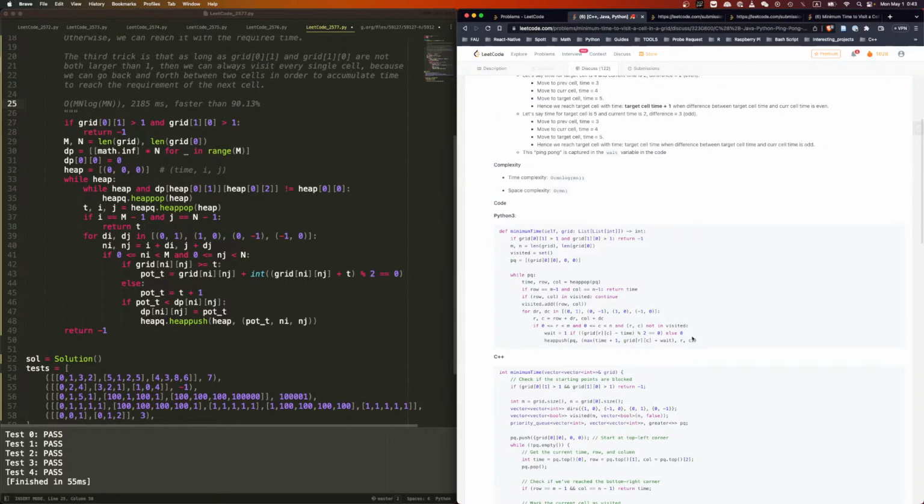Is that why they use visited? So you don't have to visit again. Interesting. Because this just guarantees every single cell gets visited only once, right? And you're guaranteed when you visit it, it has the smallest time, because every time you pop out is the smallest.